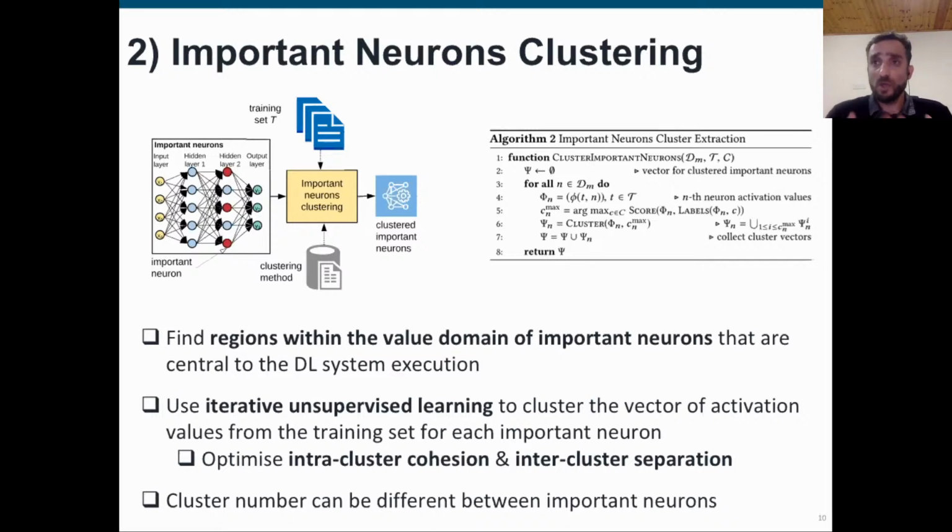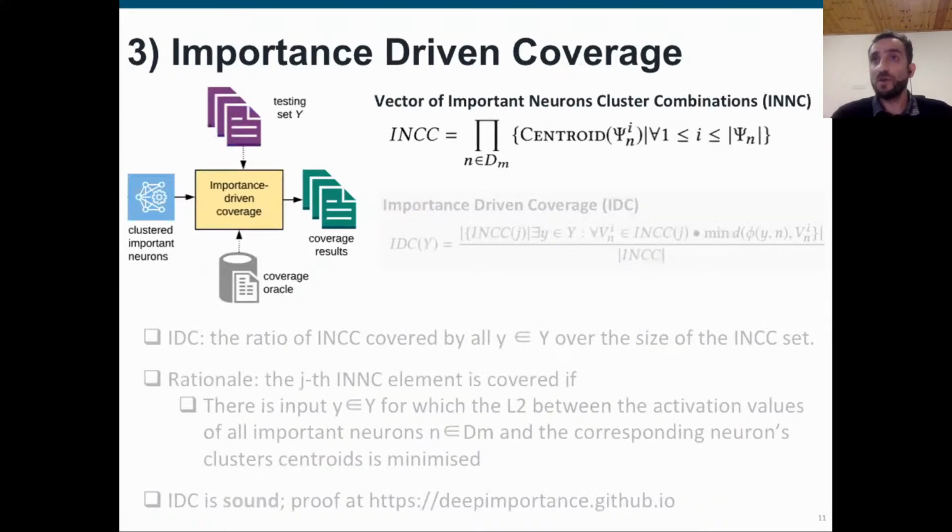And what we end up with by applying this is clusters for those important neurons based on their activation values. And it's important to highlight that cluster numbers can be different between important neurons. In the final step, we apply the importance-driven coverage, where we have what we call the important neuron cluster combinations.